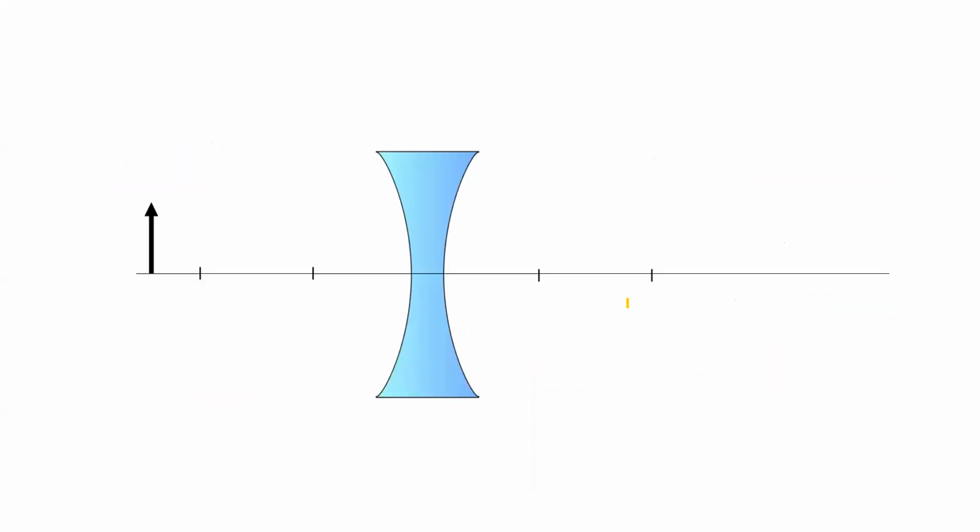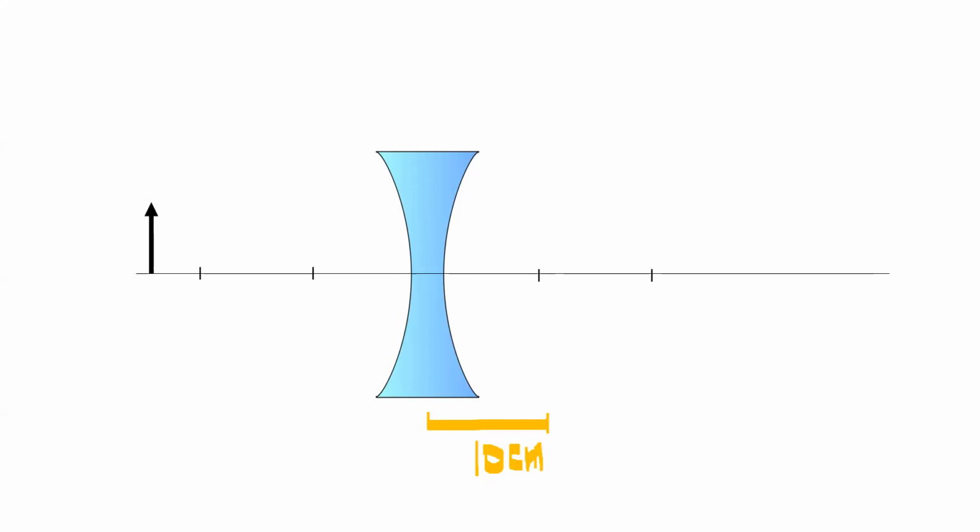Let's move on a little bit. Today we want to see how to draw. This is the object. The focal length here is 10, let's say 10 centimeters. From here we start. So here's focus, focus, all focus.